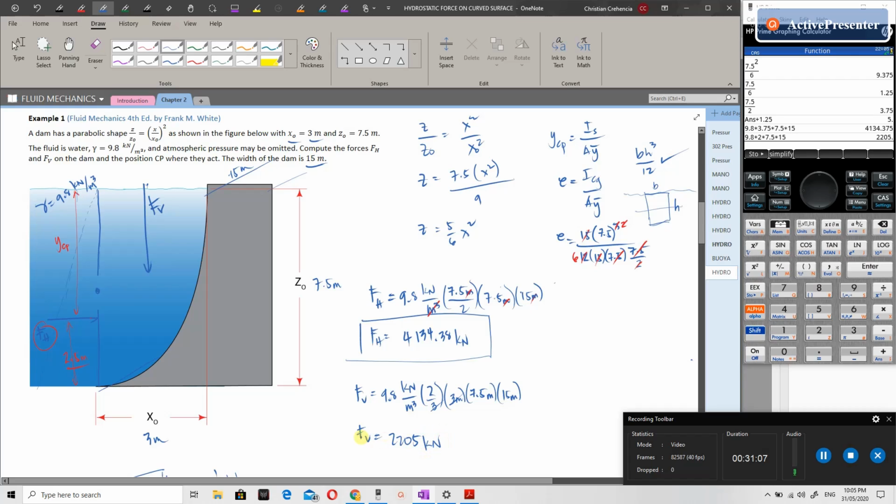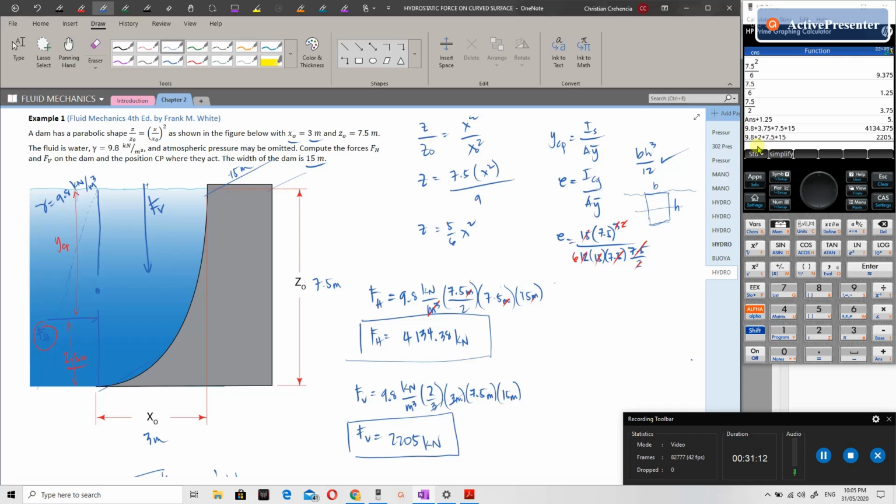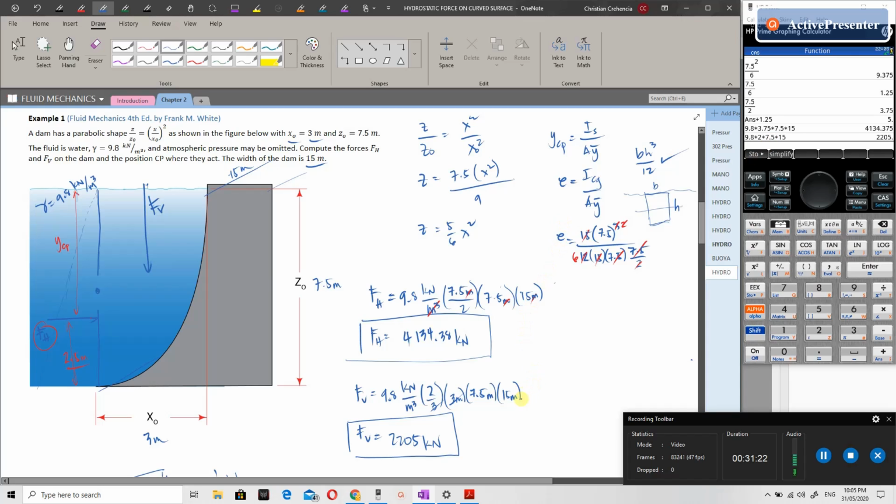Double check ko lang. 9.8 times 2, 7.5, 15. Okay, so that is our vertical component.